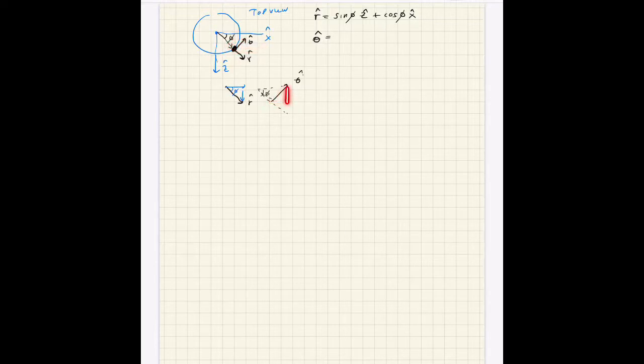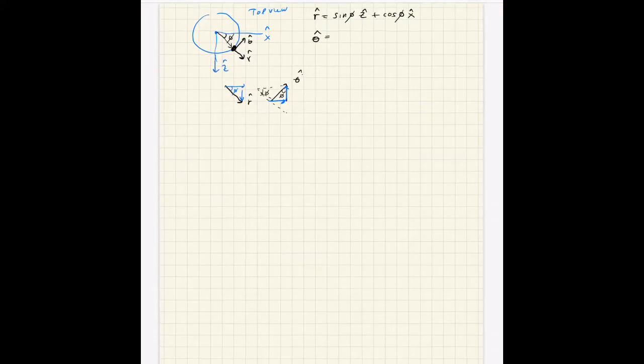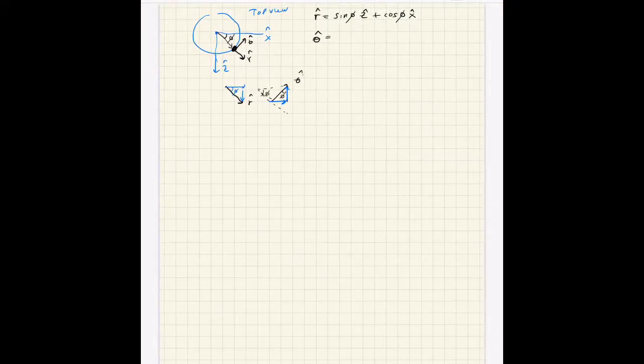That means phi is up here. And that means that I can break this up into a component in what is the positive x hat direction, but is the negative z hat direction. So in the negative z hat direction, I have minus cosine phi z hat, and in the x hat, I have positive sine phi.